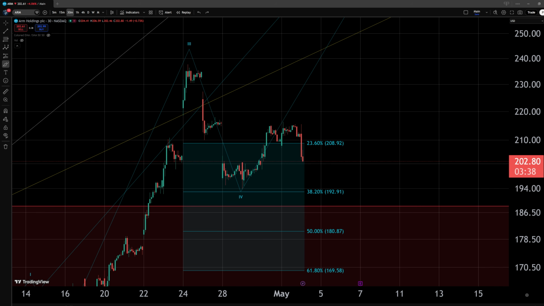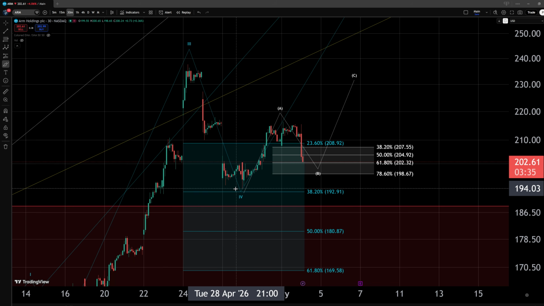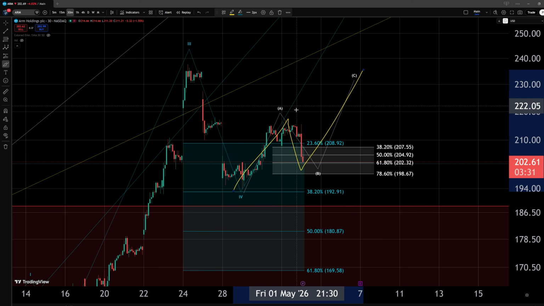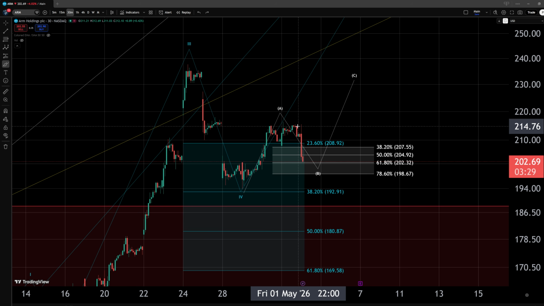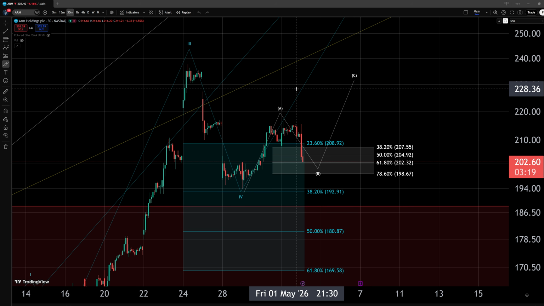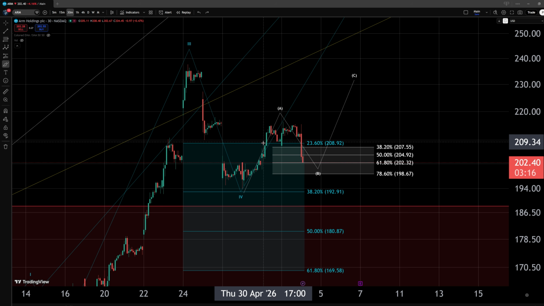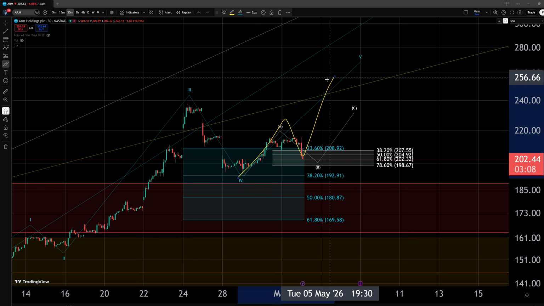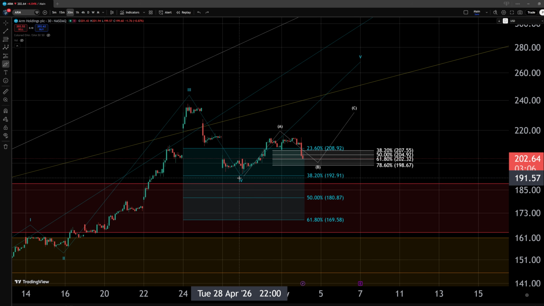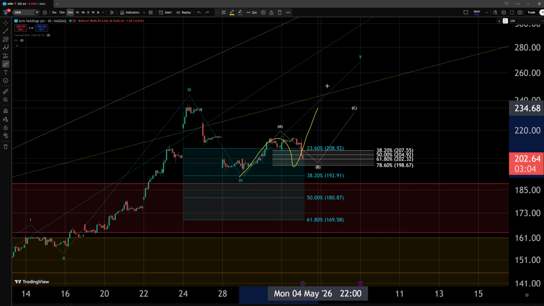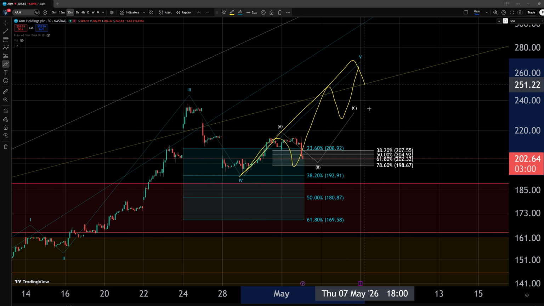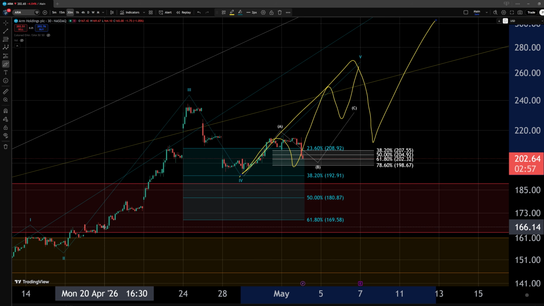So we could be looking to build something like a larger ABC structure that would take us to higher prices. This structure doesn't need to be an actual ABC, but I decided to track it as such to manage our expectations, since this wave 5 in blue is expected to build an ABC structure. So it could be that the wave A is building a 5-wave move to the upside itself, then we get a larger wave A, we get a wave B, and then a wave C to complete this as a wave 5.